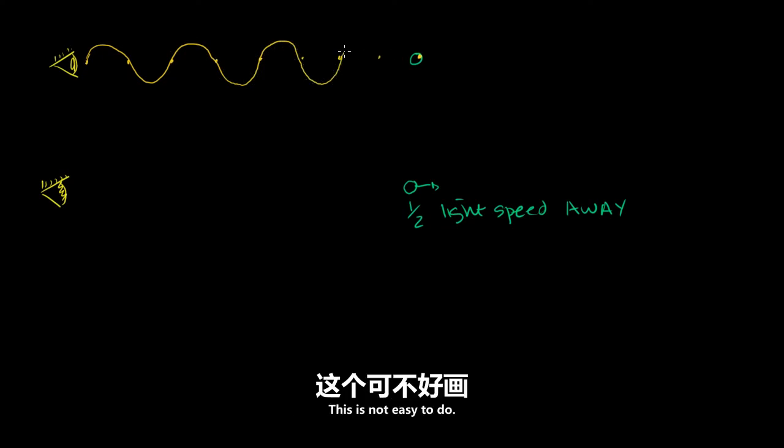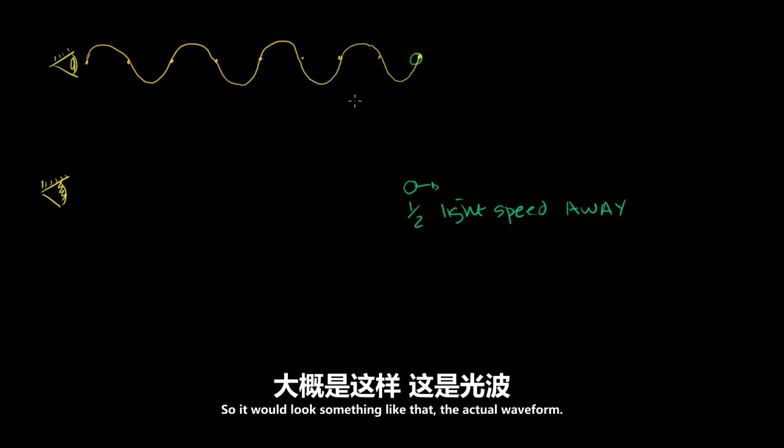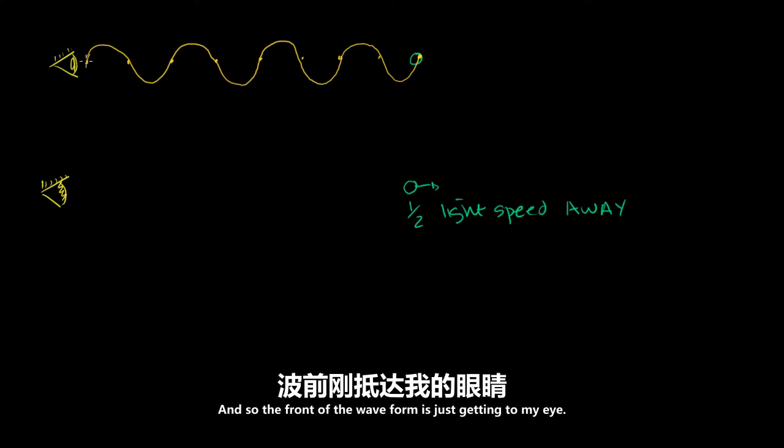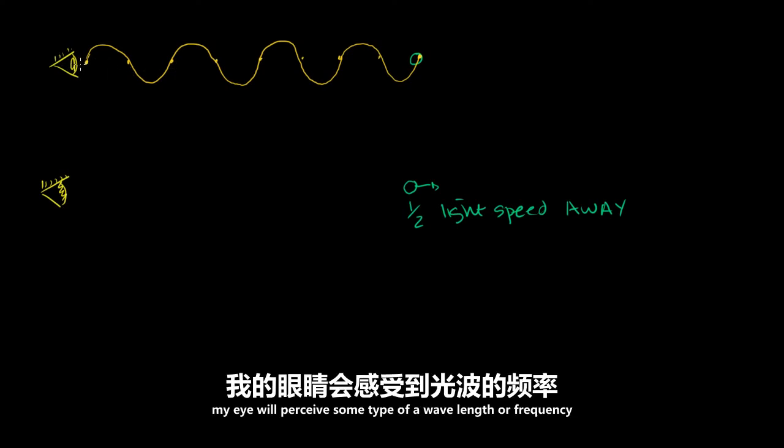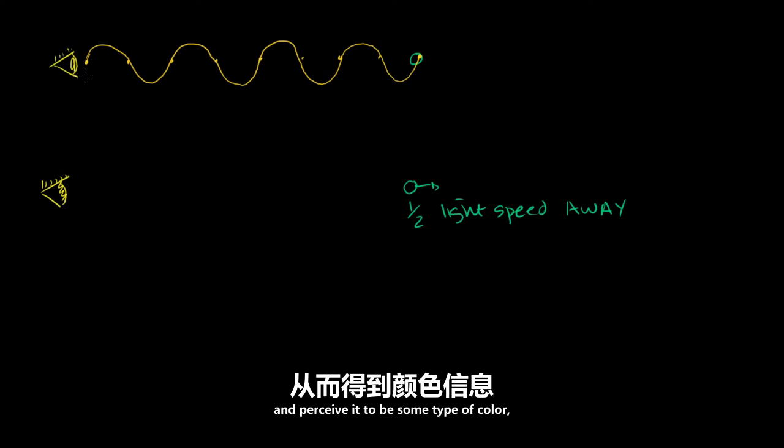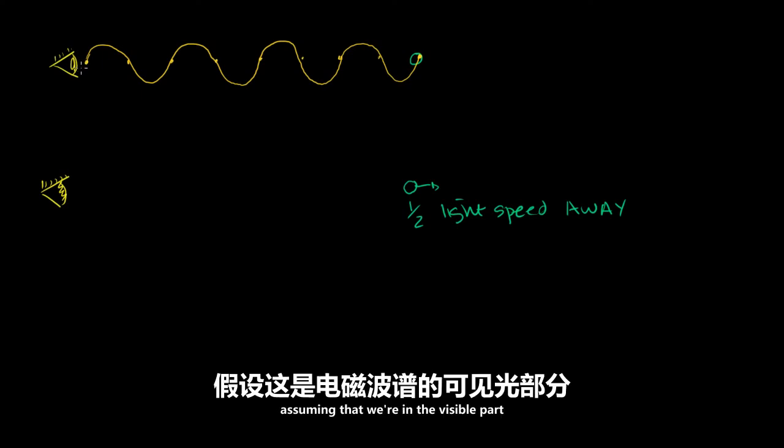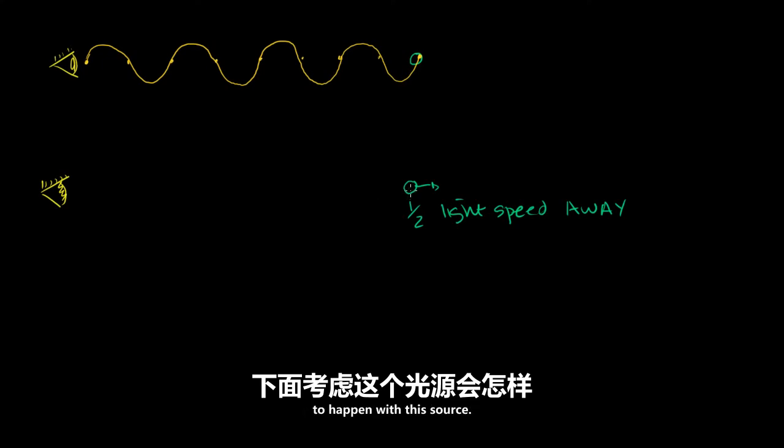This is not easy to do. And then you get another full wavelength. So it would look something like that with the actual waveform. And so the front of the waveform is just getting to my eye. And then as the waveforms keep going past my eye, my eye will perceive some type of wavelength or frequency and perceive it to be some type of color, assuming that we're in the visible part of the electromagnetic spectrum.